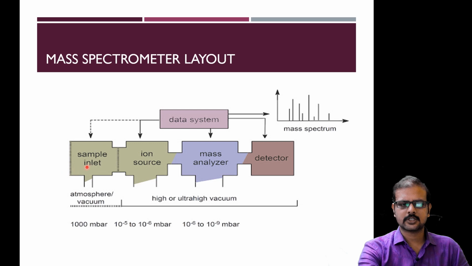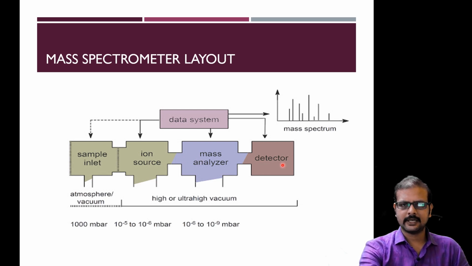Then the sample is introduced into the ion source, where the molecule is converted into a positively charged ion. Then these ions will be analyzed in the mass analyzer, where the mass of the molecule is analyzed. Then it is sent into the detector.